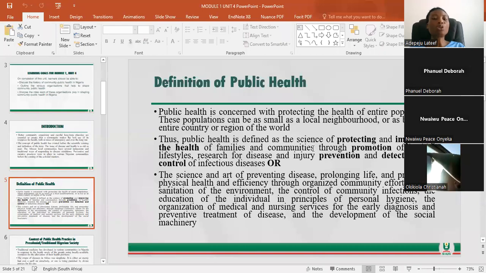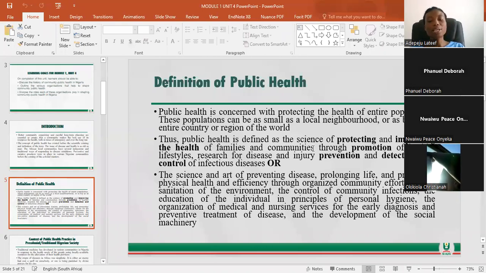And so through what do you protect and improve health? It is through promotion of healthy lifestyle. So in the community, public health emphasizes promotion of healthy lifestyle. Not only that, it focuses on disease and injury prevention.